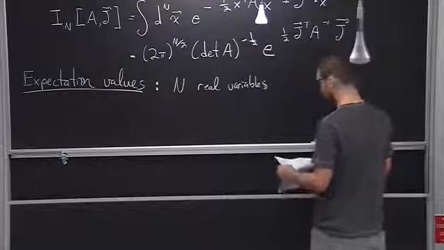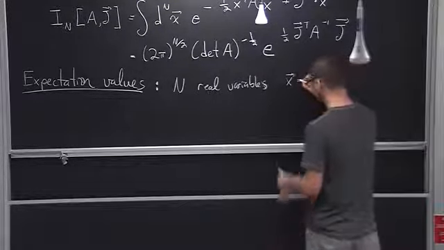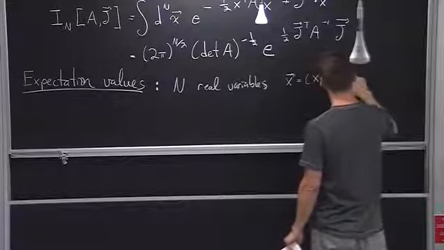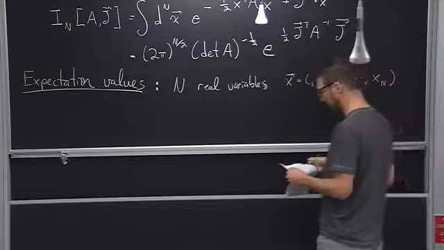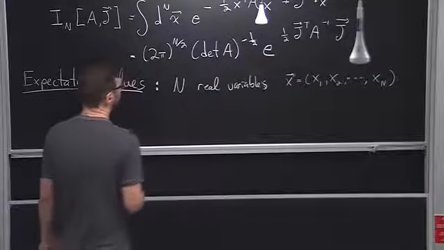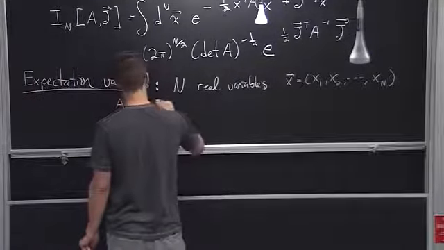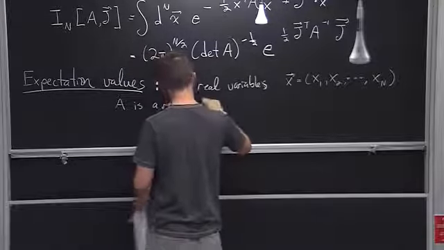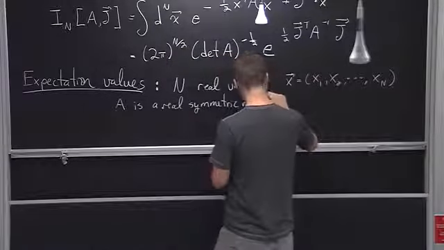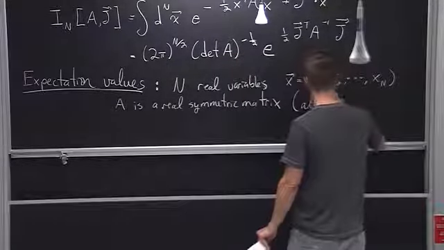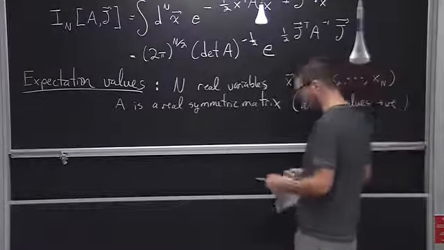That's the x's, which are the things that I'll want to calculate the correlation function between. A is a real symmetric matrix. All the eigenvalues are positive. We talked about that last time.